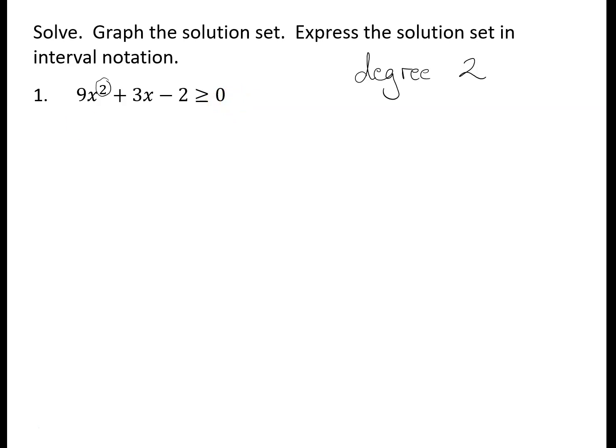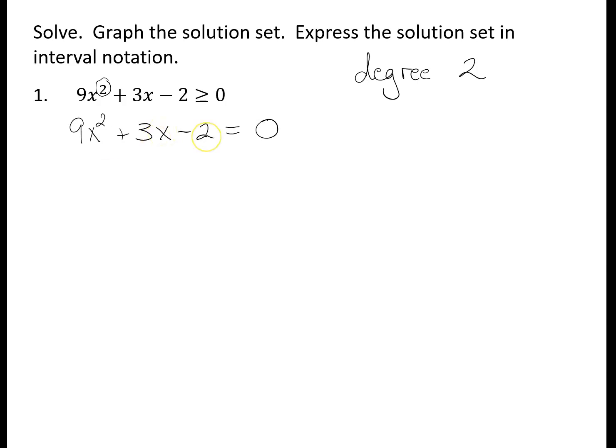Step 2, replace the inequality symbol with an equals. So now we have a quadratic equation. And it says also in that same step, solve the equation. So if I'm going to try to solve a quadratic, the first thing I would try, I cannot use square root property here because I have an x term. So I would try factoring.